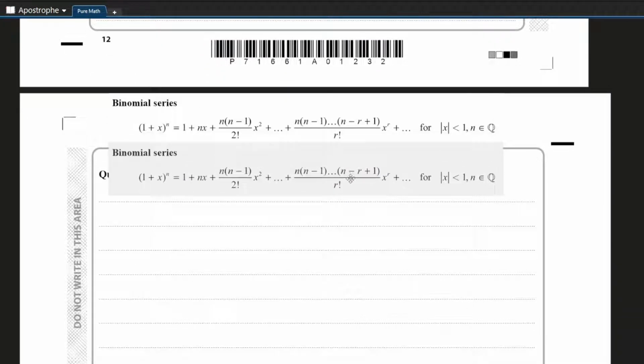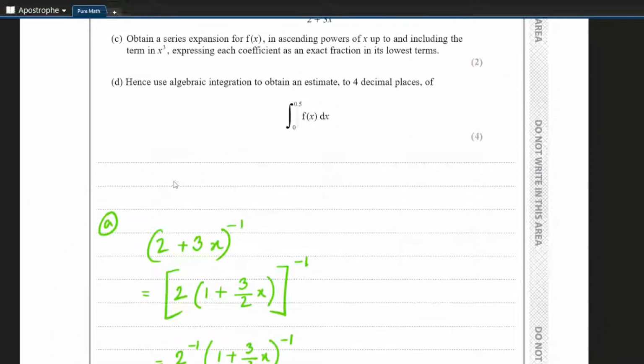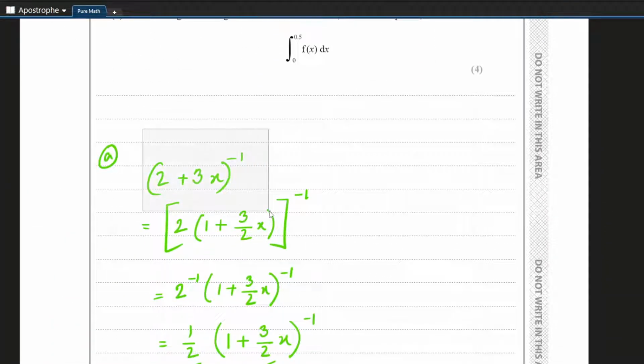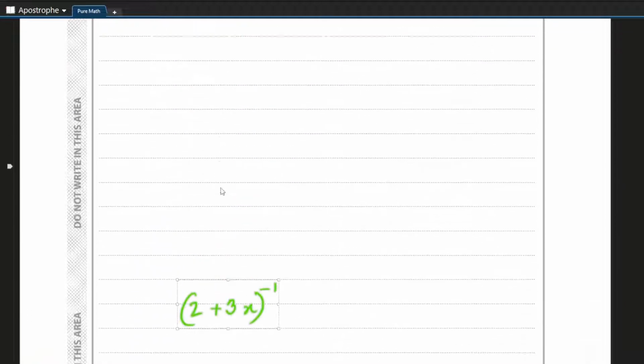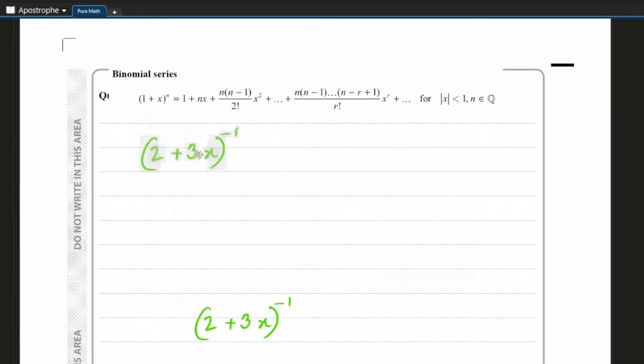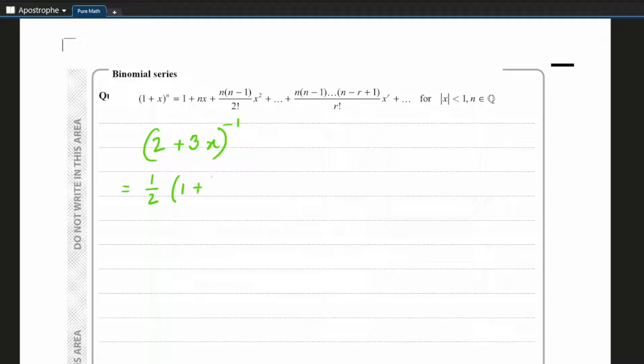I've copied the formula from the formula sheet. So now let's take this. This is basically half times 1 plus 3 over 2x to the power minus 1.